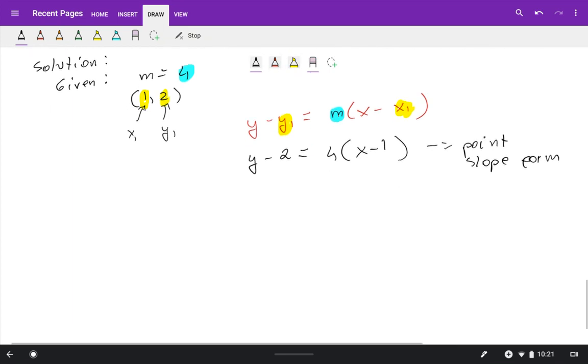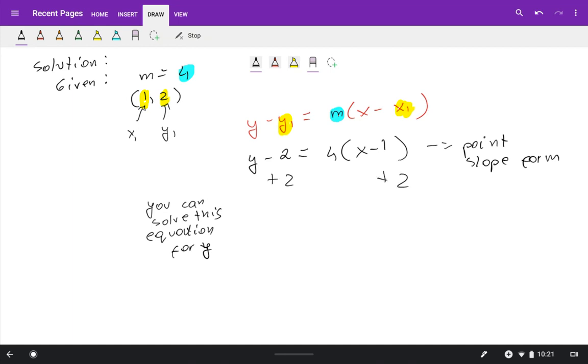This is point slope form. Many times from the point slope form, they actually want you to get to slope intercept form. So next, you can solve this equation for y, which means add 2 to both sides.